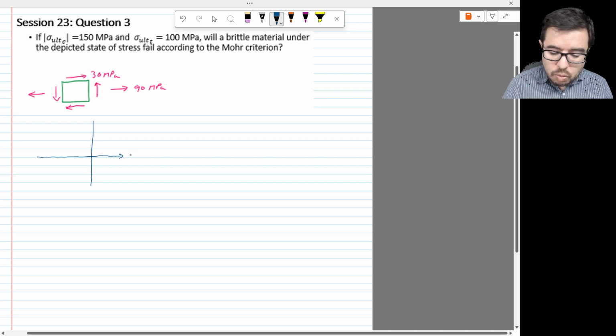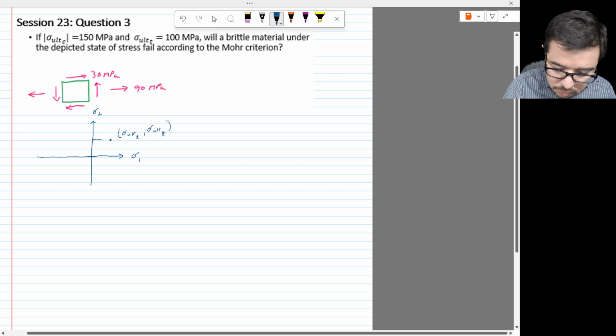So for the drawing of a sigma 1, sigma 2 plot, we have sigma ultimate t, that's in tension, and sigma ultimate t there, and then we draw a little box in quadrant 1.